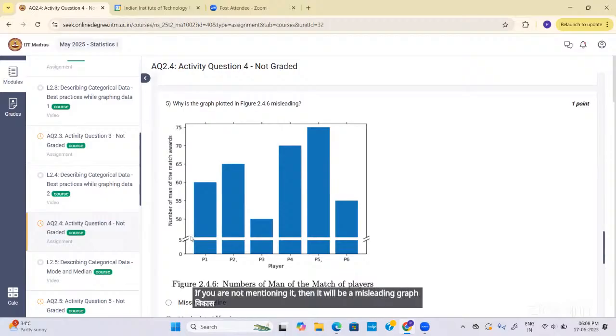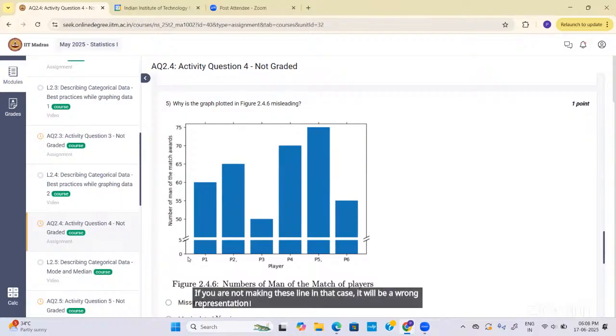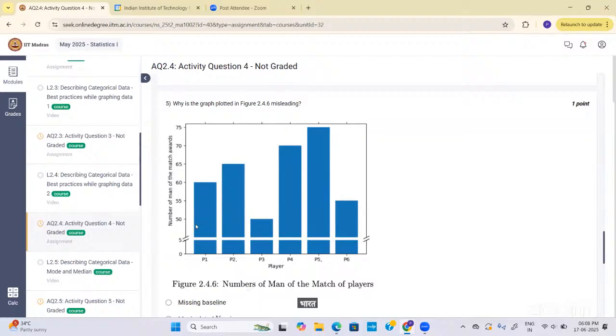Since we are using this break, it is a correct graph. Ma'am, if you're not making these lines, in that case, it will be a wrong representation. Since we are providing a break that shows the manipulation, it is not misleading, because we are representing that we are doing these changes. So in that case, it will be correct.